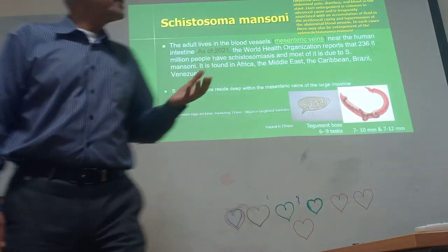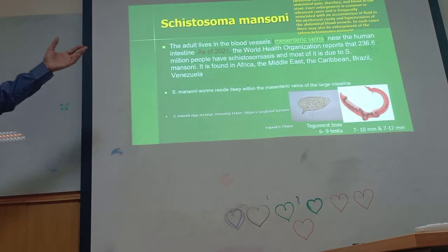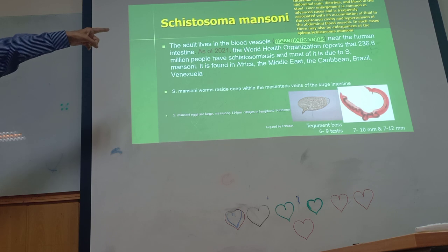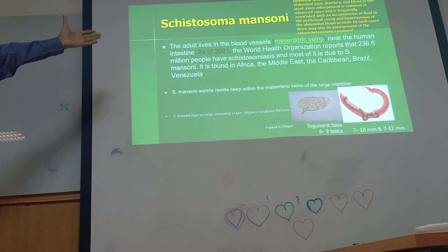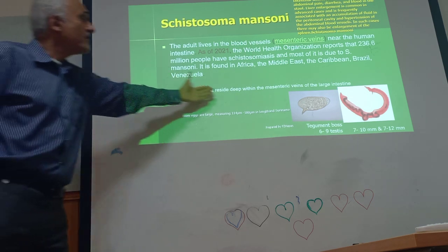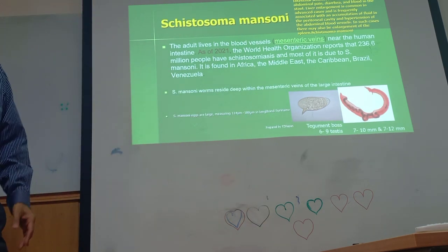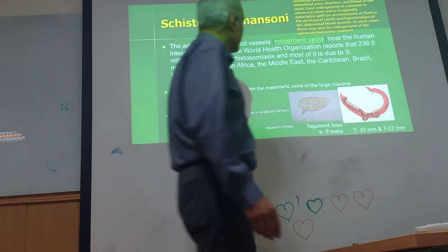For Schistosoma mansoni, nothing more to mention, but the adult lives in the blood vessels, mesenteric veins, and you can see that mansoni worms reside deep within the mesenteric vein of the large intestine.